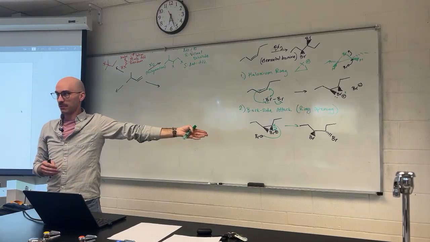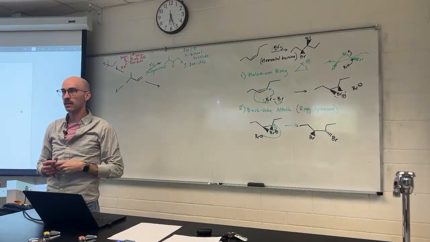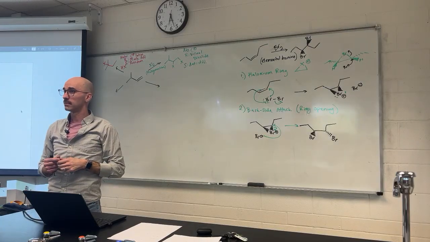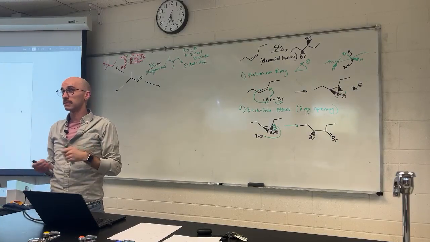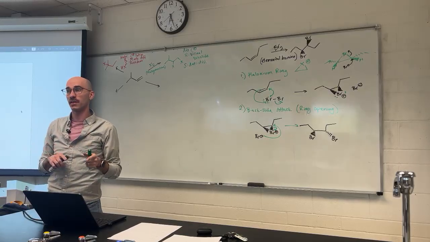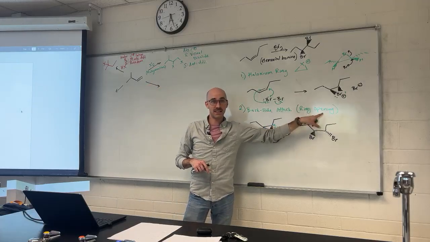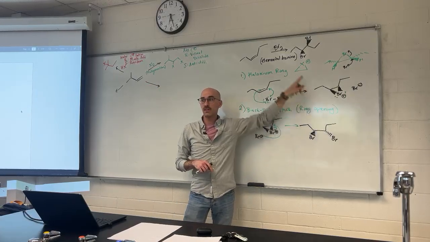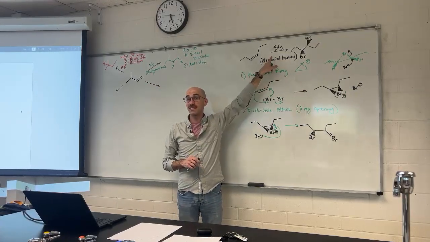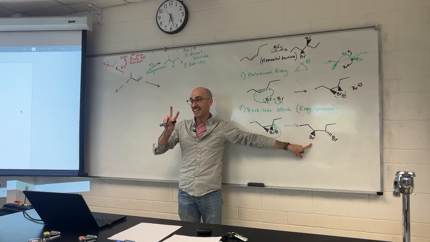Is that the same structure that I drew above as the product predicted? It is, but it's in a different conformation. This is in a zig-zig conformation. The structure given was in a zigzag conformation. Notice how the bromines here are positioned anti to each other.